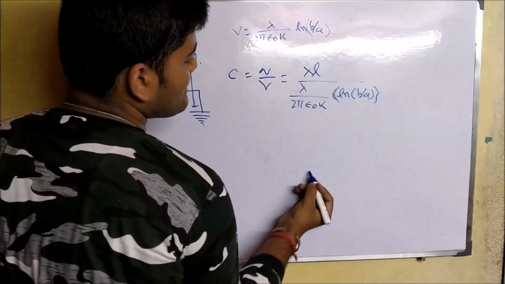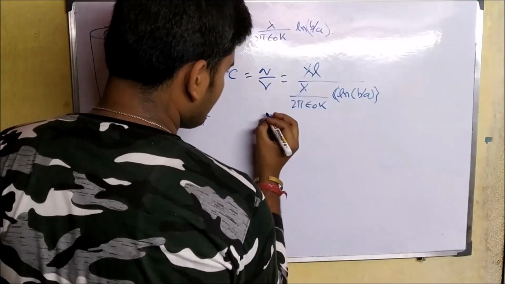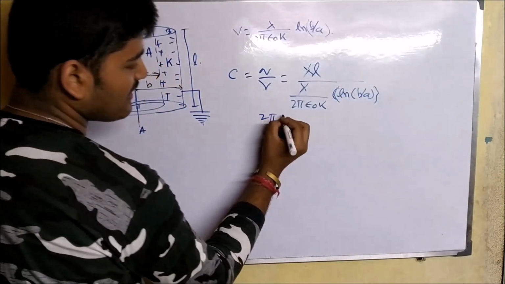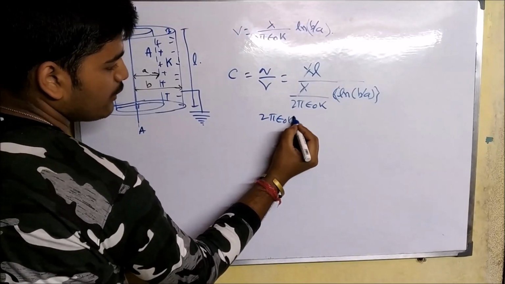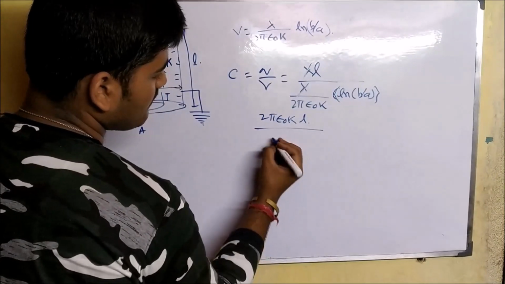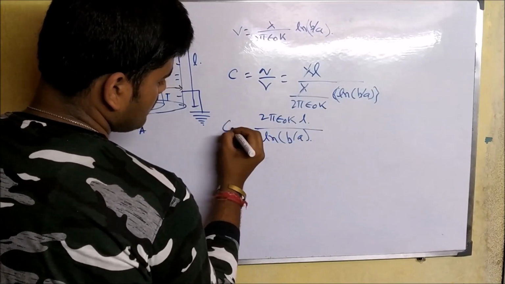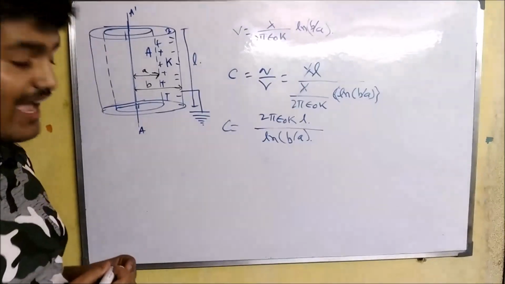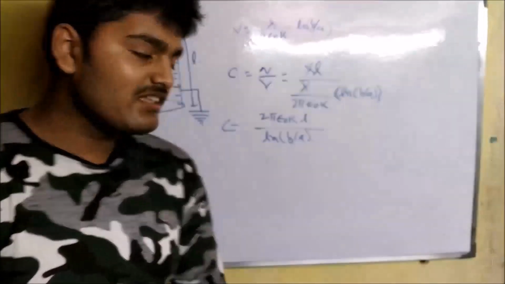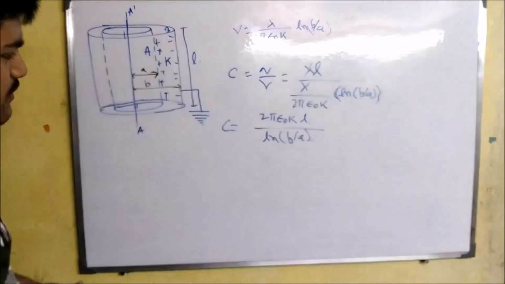So λ will get cancelled, and this will be shifting up, that is 2πε₀K into L divided by ln b by a. So we have finally achieved, after a long process, the capacitance of the cylindrical hollow capacitor.